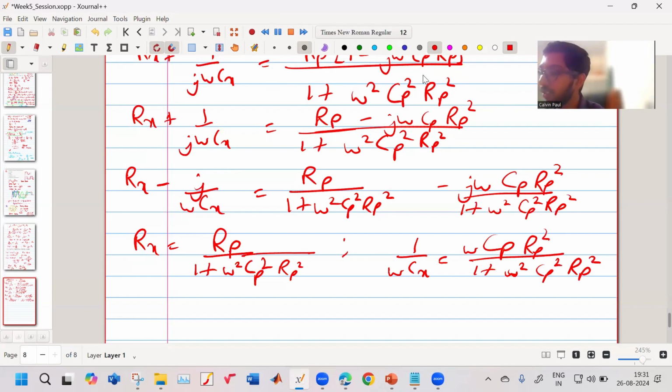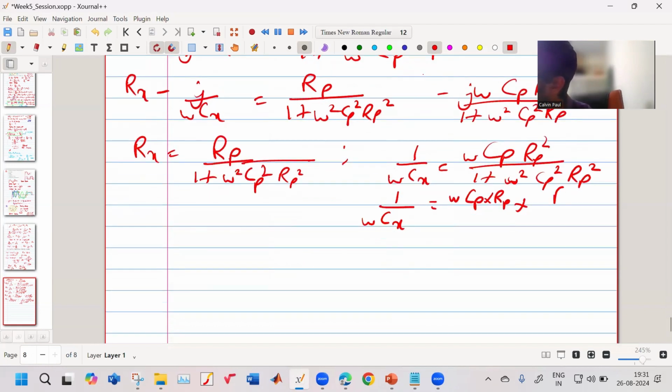Now if you look carefully, you can write 1 upon omega Cx is equal to omega Cp into Rp into Rp upon 1 plus omega square Cp square Rp square. Right?